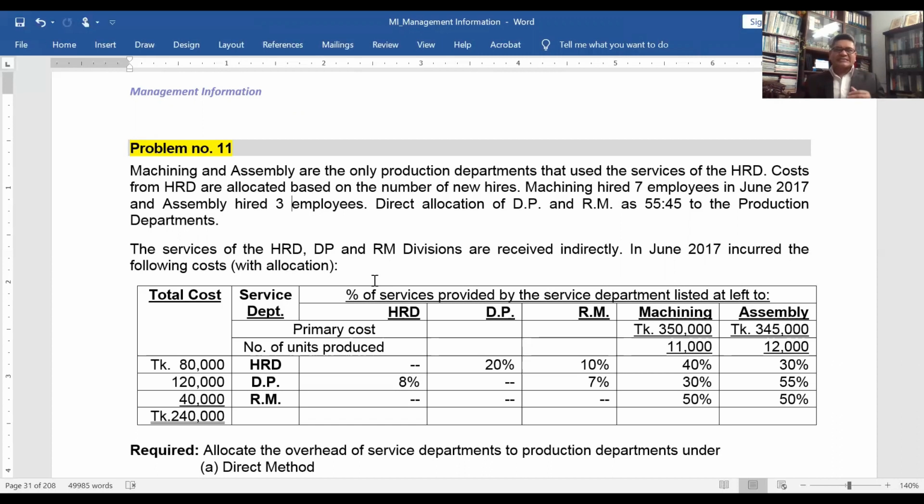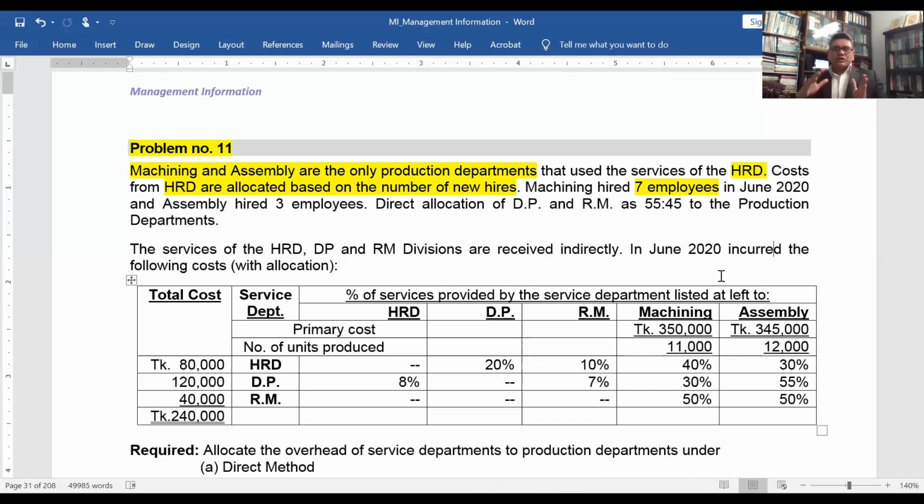Here, machining and assembly are the only 2 production departments. Service department HRD: costs from HRD are allocated based on the number of new hirings. Machining hired 7 employees in June 2020, and assembly had 3 employees.